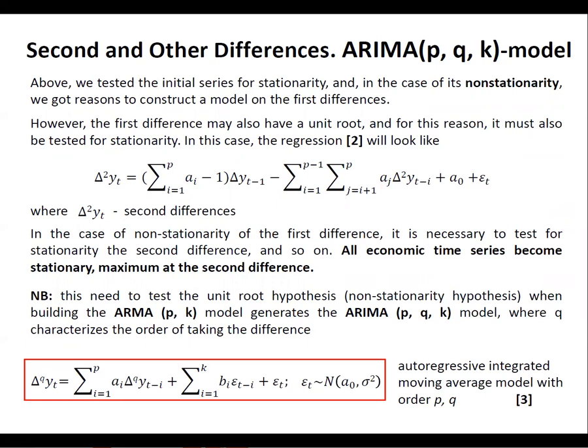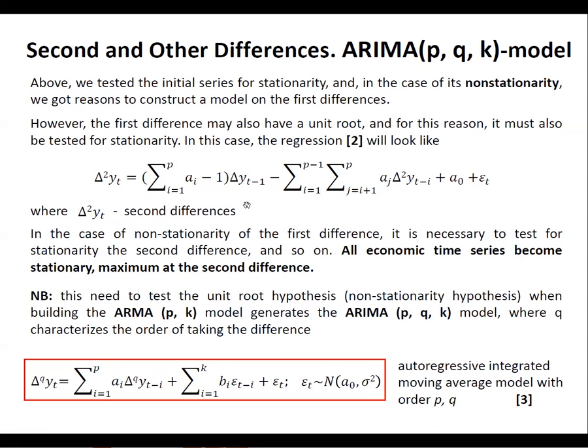In this case, the regression that is being tested looks like this. There is a second difference of the initial series, delta 2 yt. This is a regression on the first difference with a lag of 1, and on the second difference with a lag of 2, 3, and so on.